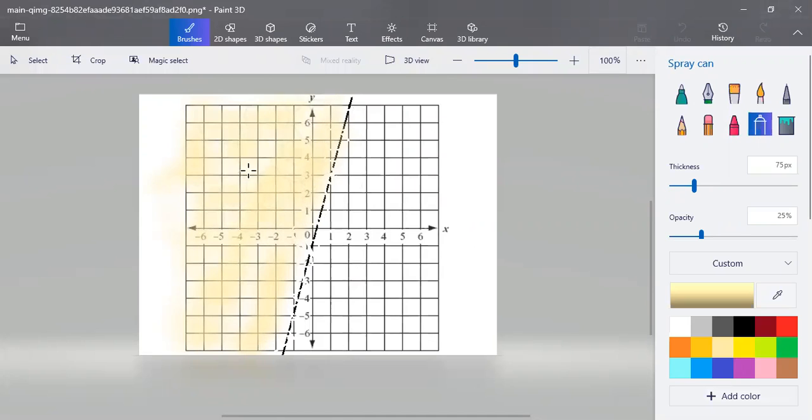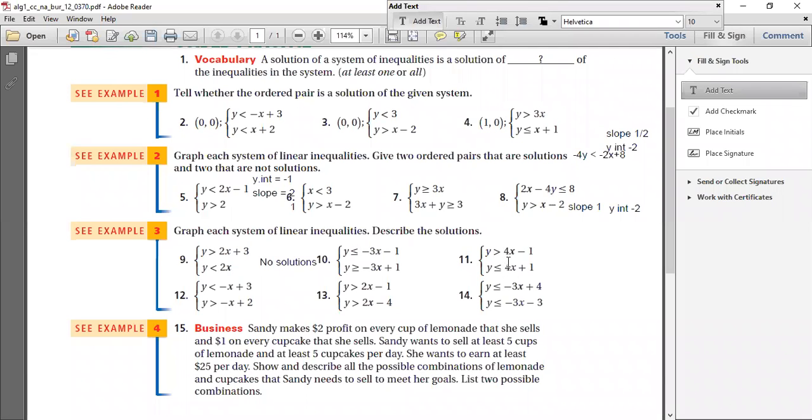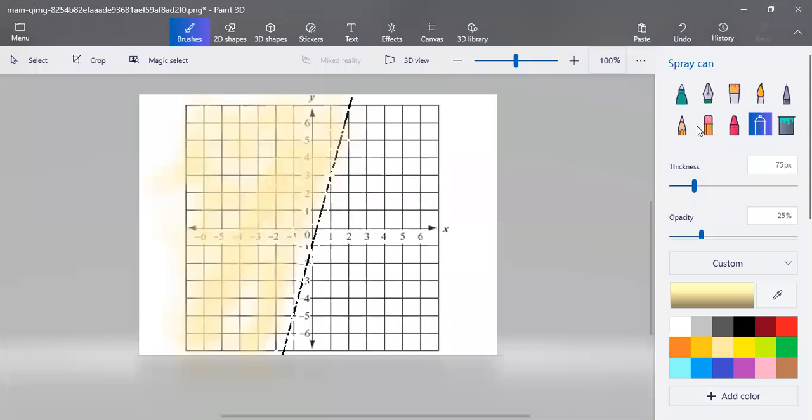Okay, now for the next inequality, it says the slope is 4 over 1 and the intercept is +1. So the intercept is going to be +1 and the slope is 4 over 1. So from here, intercept is 1.